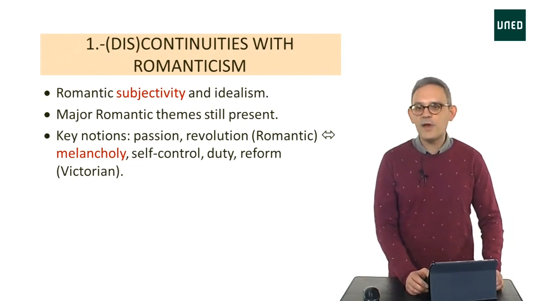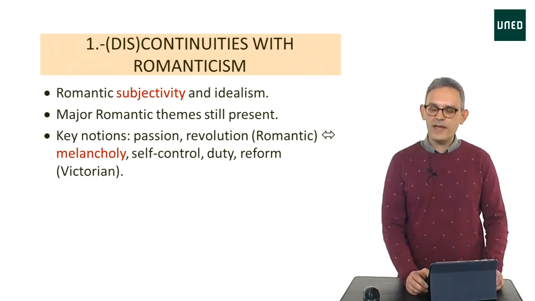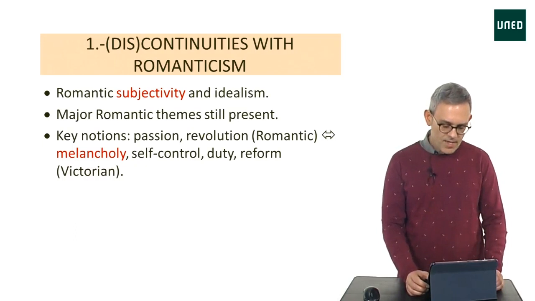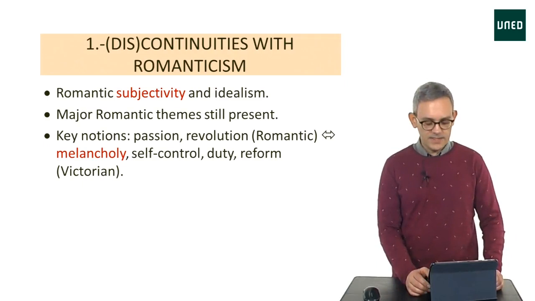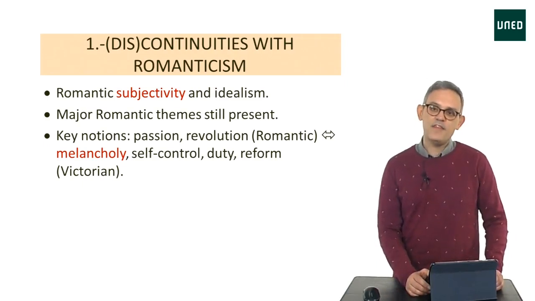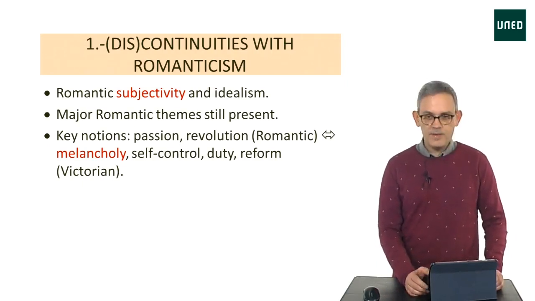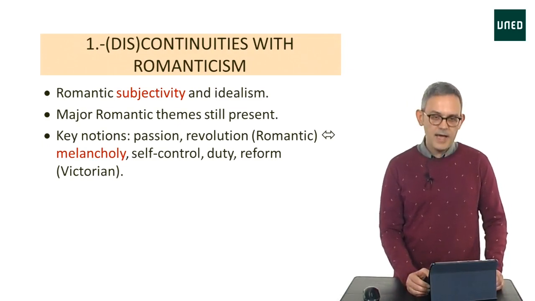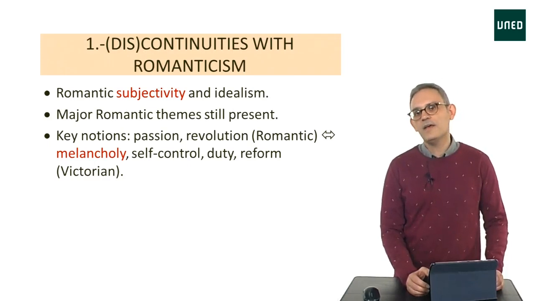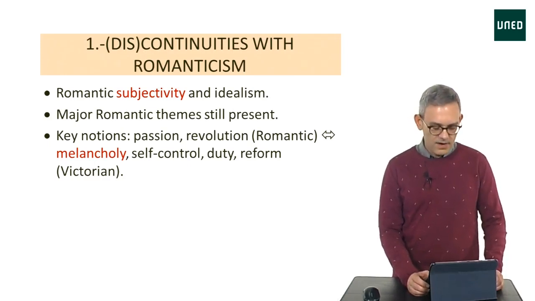The Victorians prioritized other notions like self-control or duty. And the early Victorian writer Thomas Carlyle dismissed the Romantics, especially the last Romantics, Byron for instance, and preferred earlier, even pre-Romantic referents.